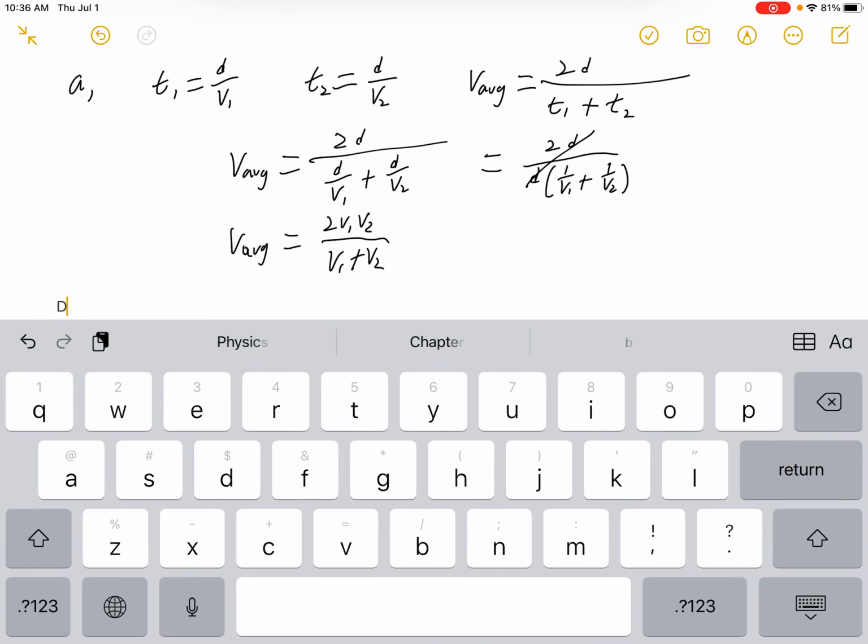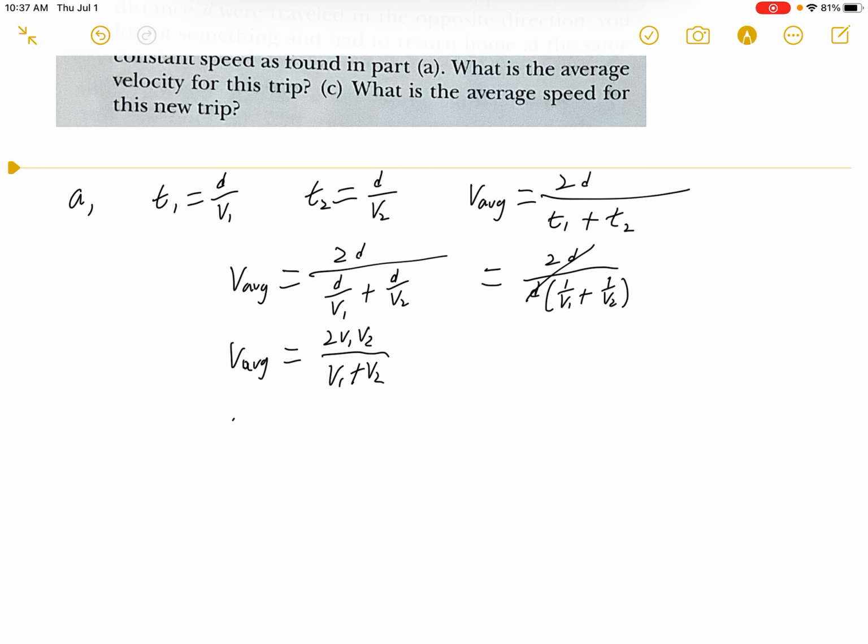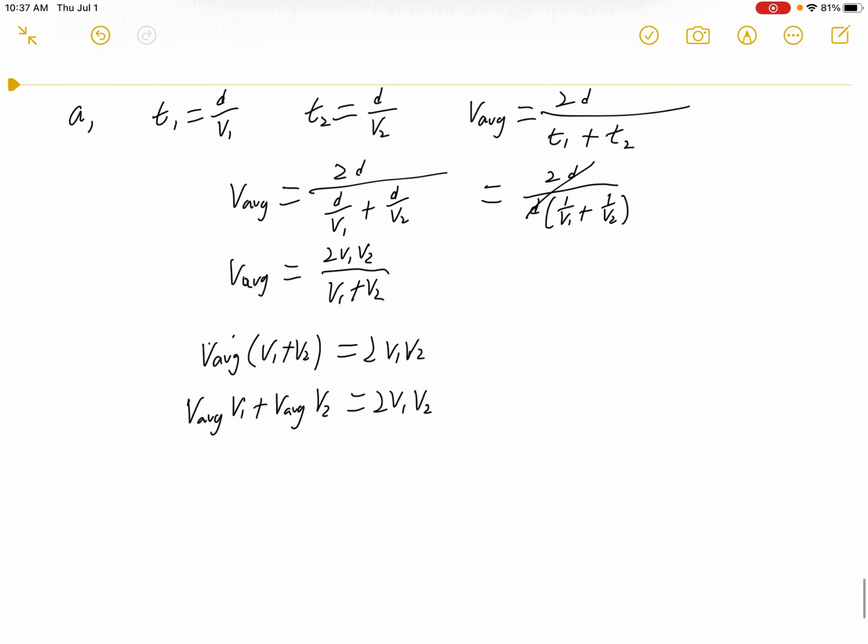So v average times v1 plus v2 equals 2 v1 v2, and v average v1 plus v average v2 equals 2 v1 v2, and v2 equals v average v1 over 2v1 minus v average.